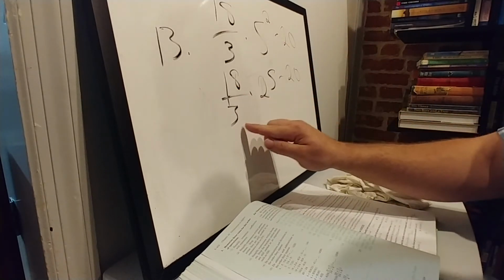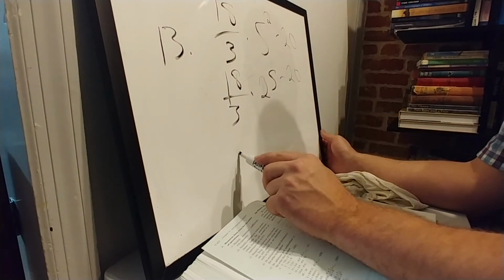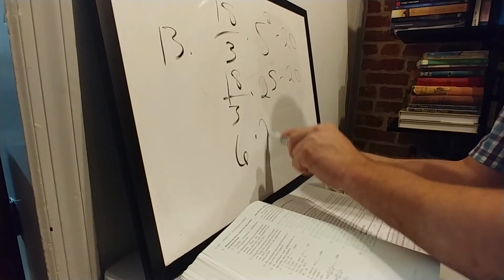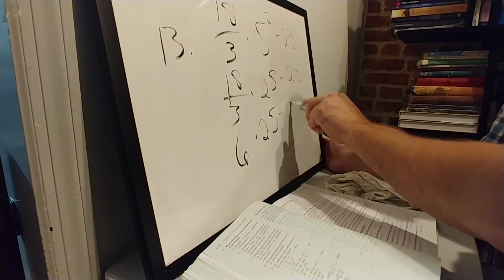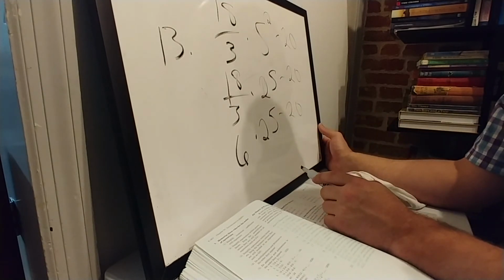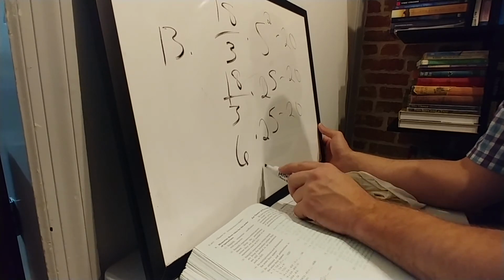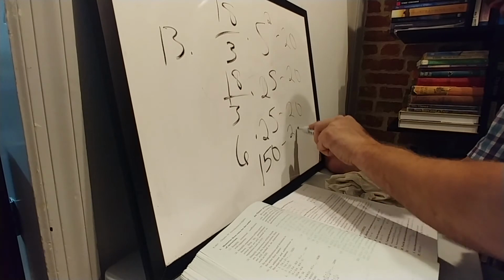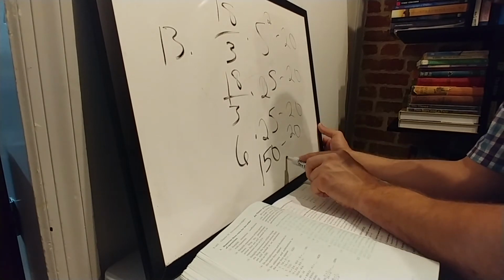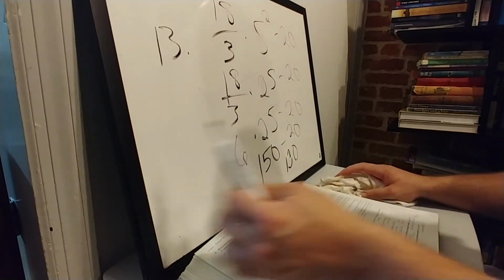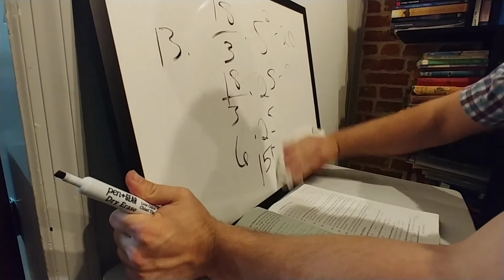So we have a division right here. 18 divided by 3 is 6 times 25 minus 20. So you go 6 times 25, which would be 150 minus 20. Do your subtraction last. 130. Make sure that's the right answer. Yes, that's correct.